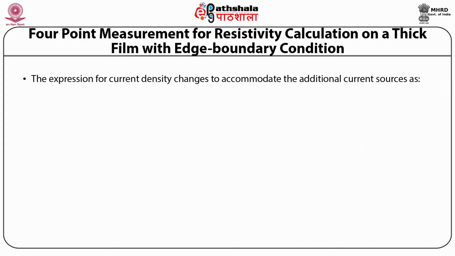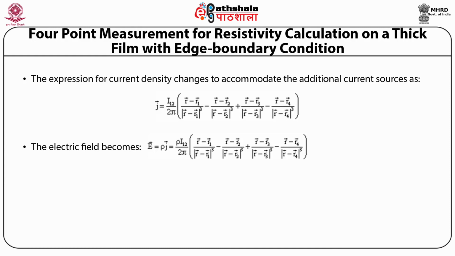The expression for current density changes to accommodate the additional current sources as vector J is equal to I12 divided by 2 pi into within the brackets vector R minus vector R1 divided by cube of modulus of vector R minus vector R1 minus vector R minus vector R2 divided by the cube of modulus of vector R minus vector R2 plus vector R minus vector R3 divided by the cube of modulus of vector R minus vector R3 minus vector R minus vector R4 divided by cube of modulus of vector R minus R4. The electric field becomes E equals rho into J.